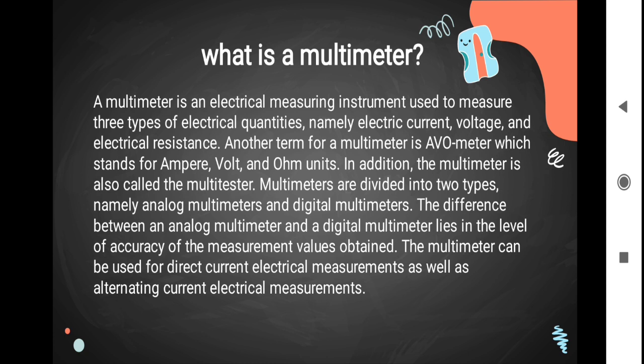The multimeter can be used for direct current electrical measurement as well as alternating current electrical measurement.